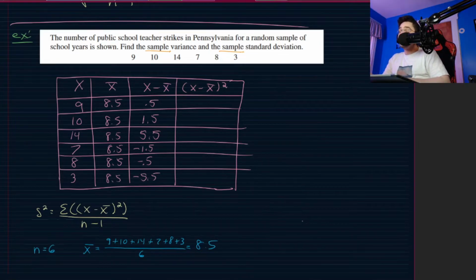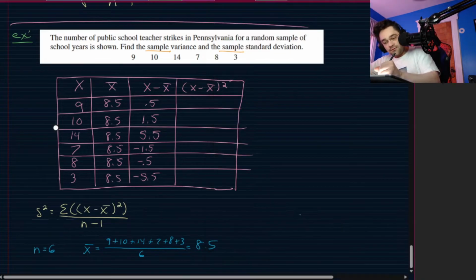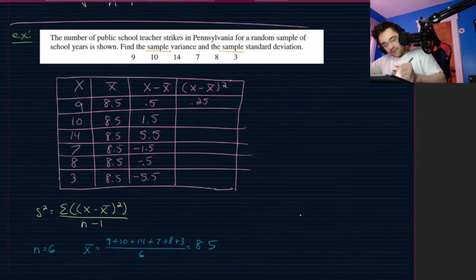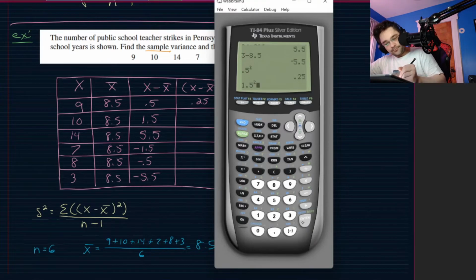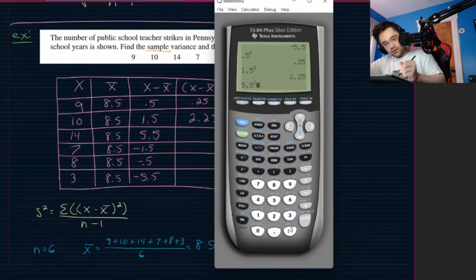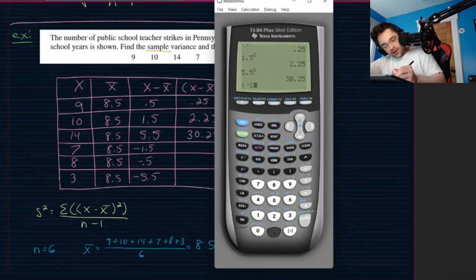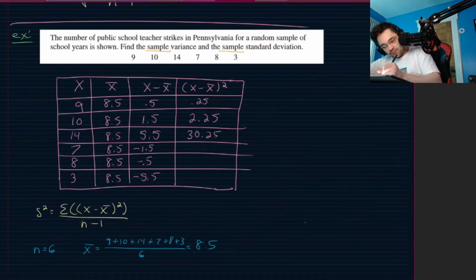Remember, in the next column, we've got to square whatever was in the previous column. So 0.5 squared, that's 0.25. 1.5 squared, it's 2.25. 5.5 squared, 30.25. Negative 1.5 squared, 2.25.